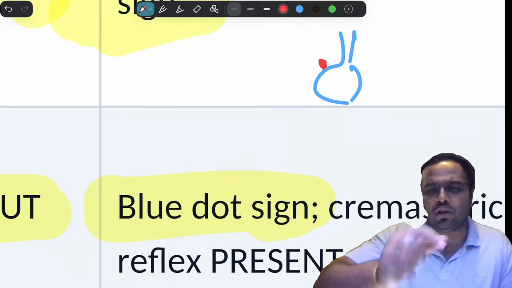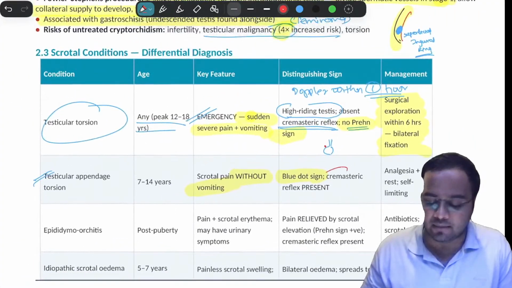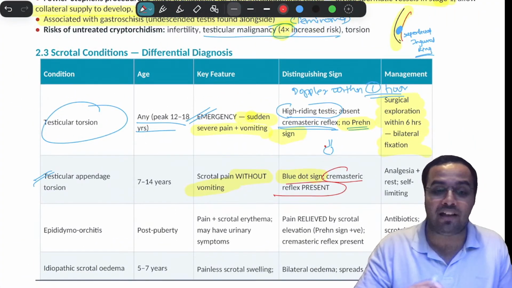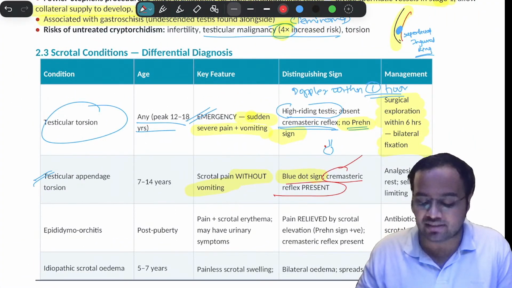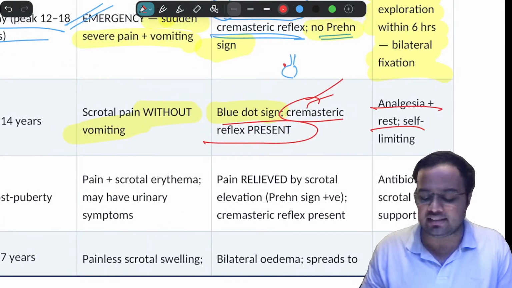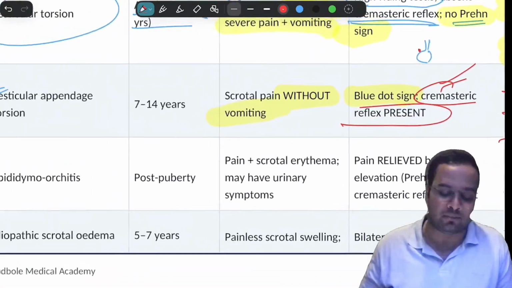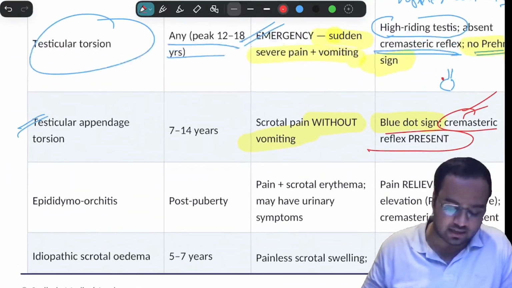So that undergoes torsion and it becomes blue in color. So it is called as a blue dot sign, and here the cremasteric reflex is present. So that's why I said high riding testes with cremasteric reflex absent, think of torsion and straight away explore the patient. And it is analgesia plus a self-limiting condition with rest. You don't need to do anything more for a testicular appendage torsion.